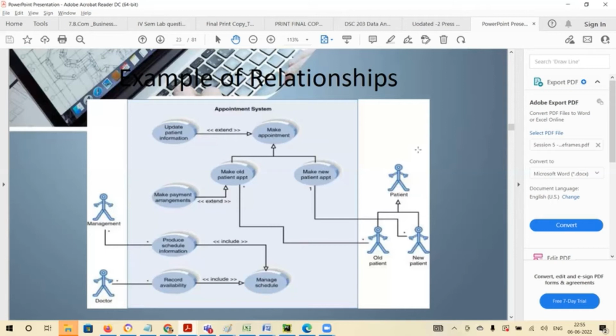Management provides the schedule information in the system, and then the doctor has only the manage schedule option.